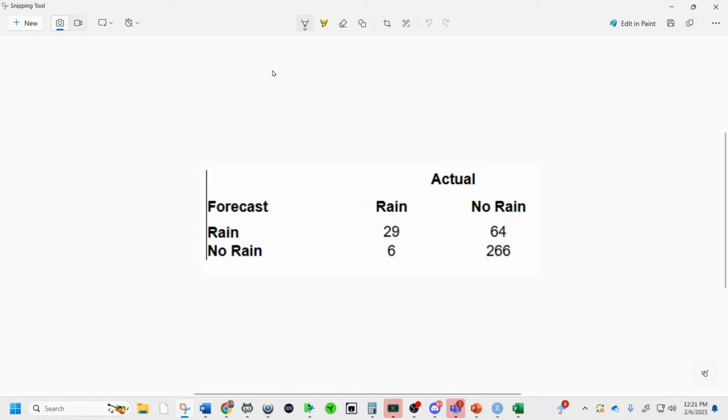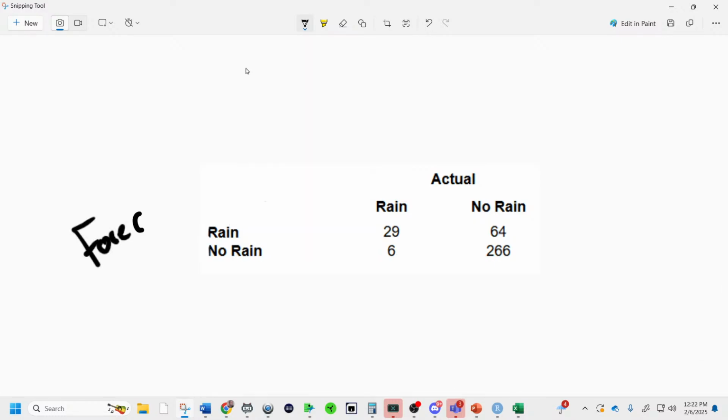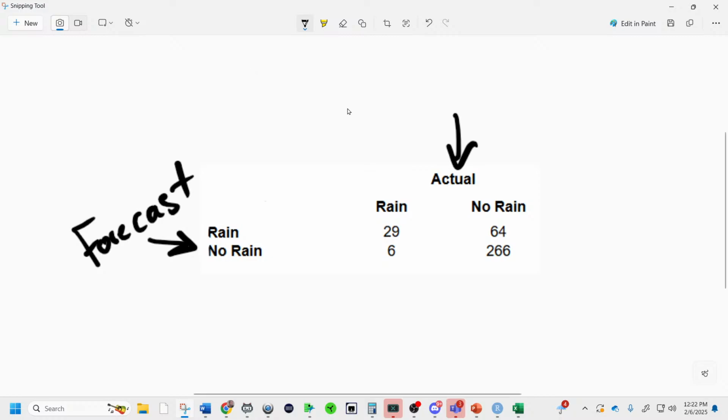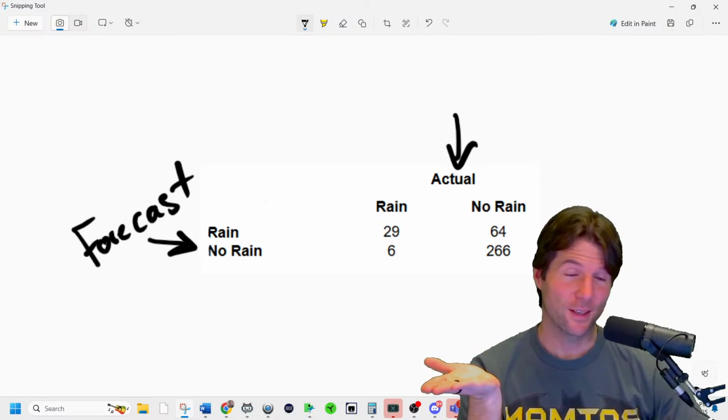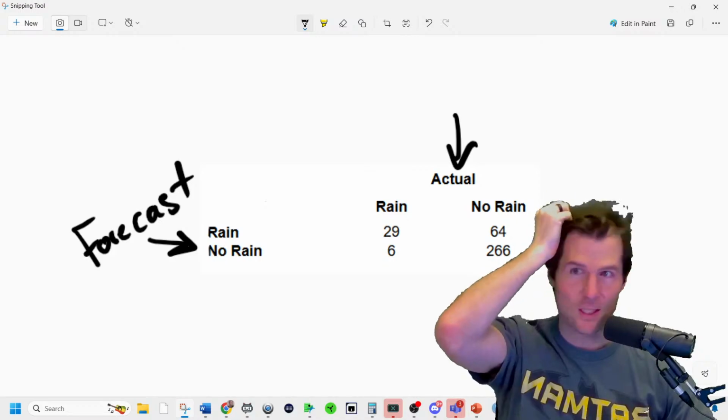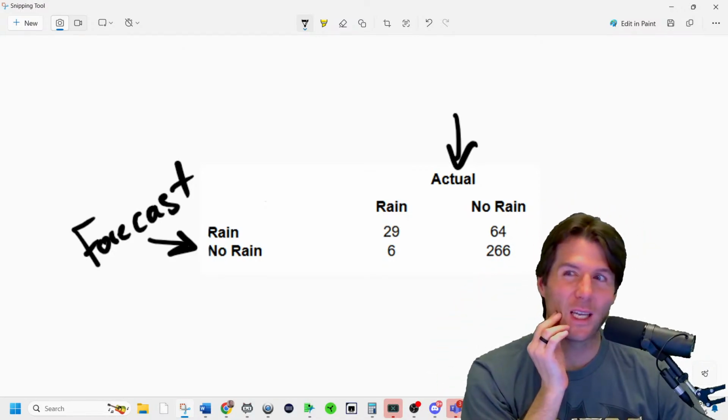It means it's actually raining. So how many days did it actually rain?